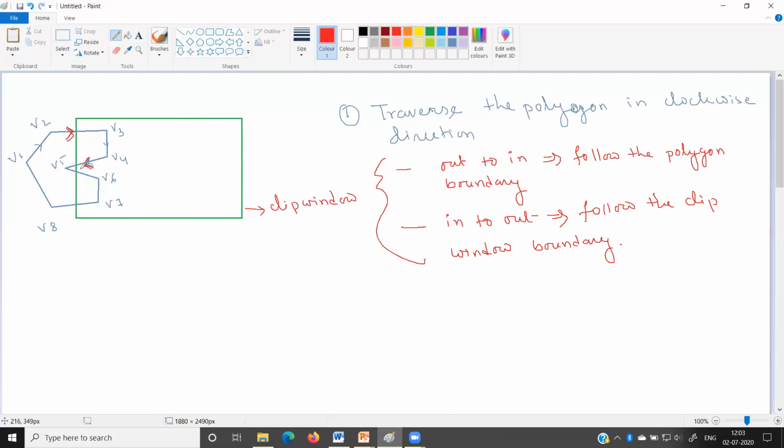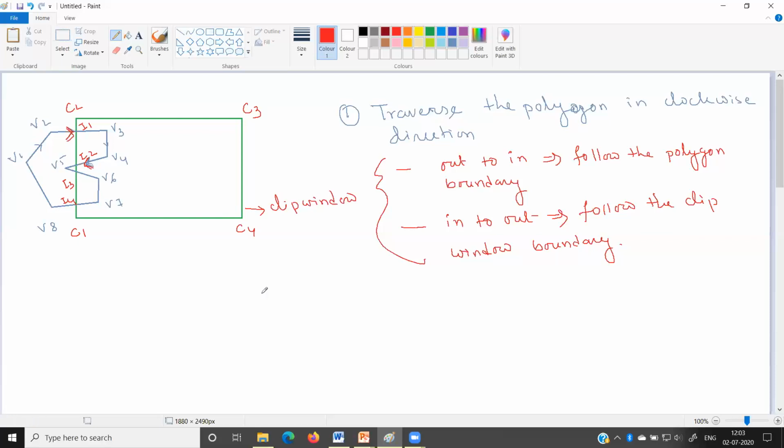Here we have already named the vertices, and you can see the intersection points. Let us say this is intersection point I1, this is I2, this is I3, and this is I4. The boundary vertices of the clip window are C1, C2, C3, and C4.